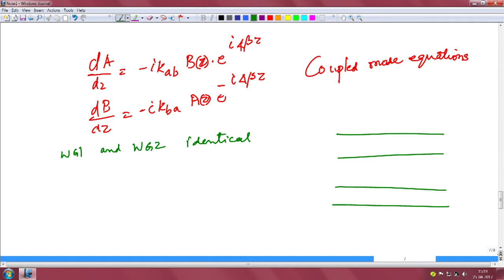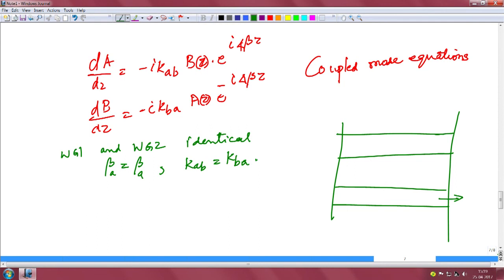We can call this a symmetric waveguide directional coupler and check what happens when we launch light into the first waveguide and receive the light from the second waveguide. So, when waveguide 1 and waveguide 2 are identical, you have beta A equals beta B, and so KAB equals KBA and delta beta is 0.